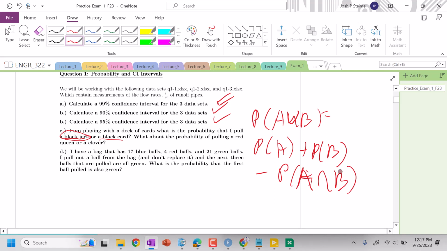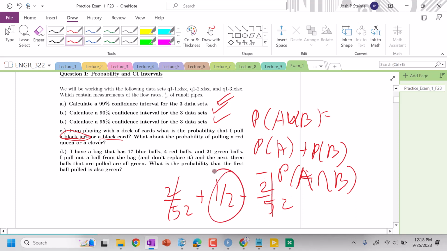We know that there are four jacks, but two black jacks. So the probability of A is going to be 2 over 52, plus the probability that a card is black, which is a half, minus the probability that I pull a card that is simultaneously both black and a jack. How many black jacks do we have? It's also going to be 2 over 52. So we got that. Our probability will just be a half here.